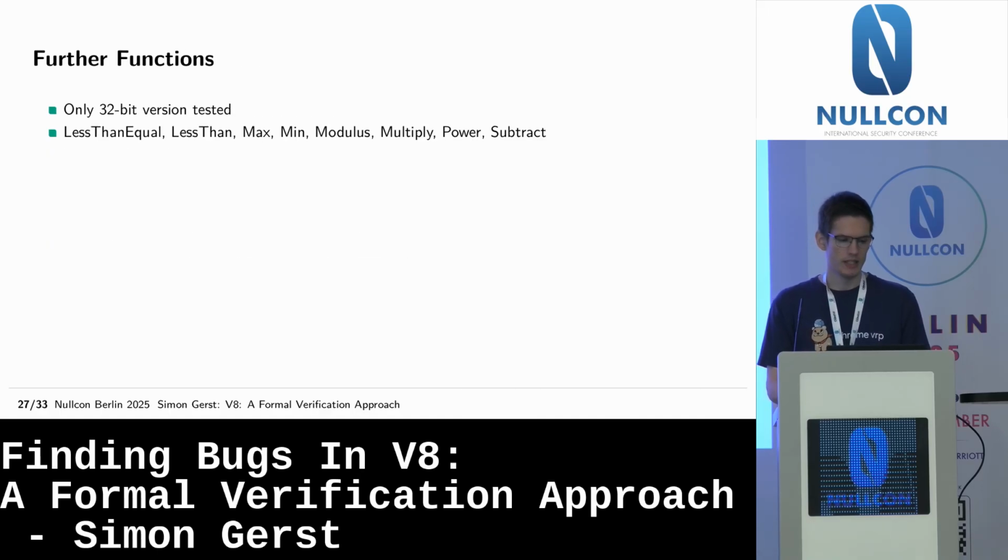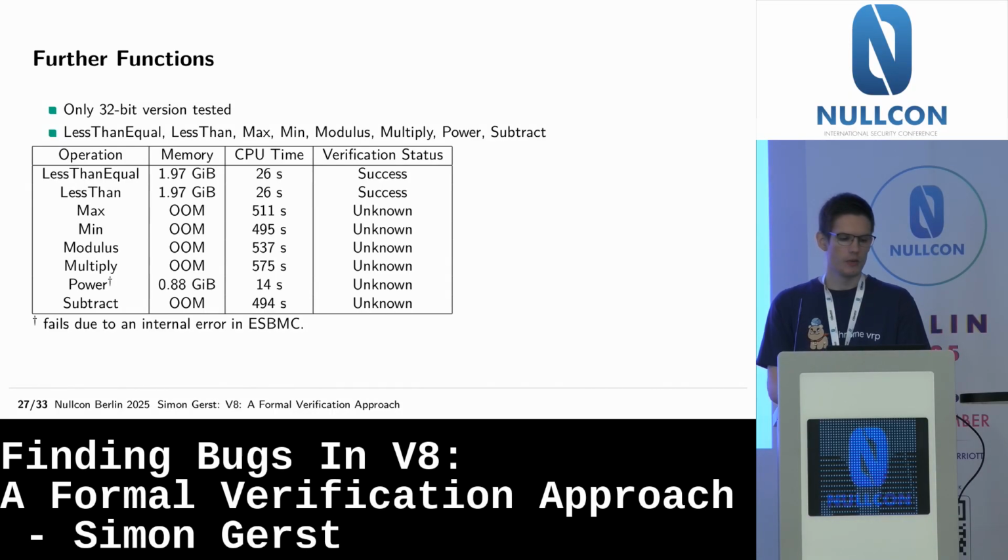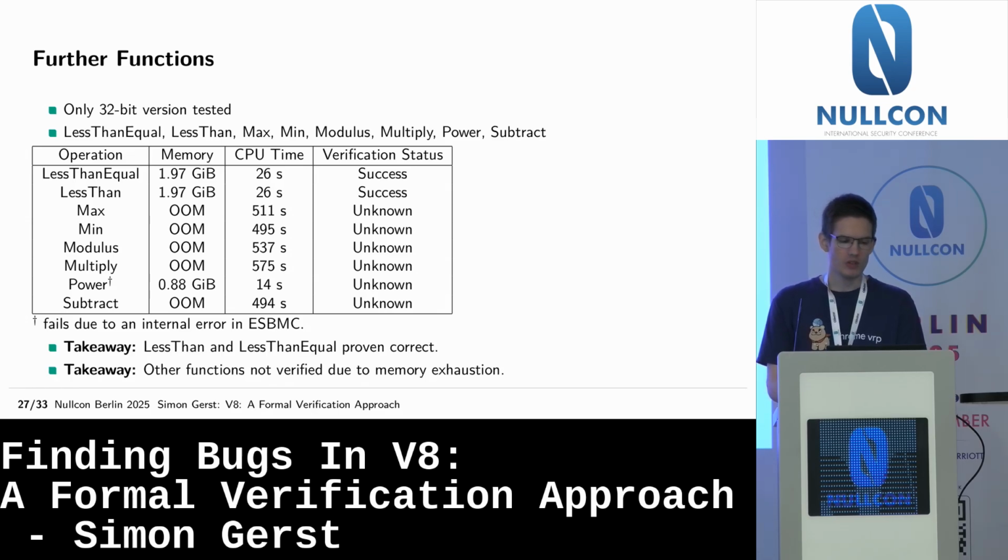And aside from division, there are of course other operators which I looked at, and for less than or equal and less than, I can show that they are correct, which is not that exciting, but still better than nothing. And for the others, either I run into timeouts or internal errors in the model checking tool.